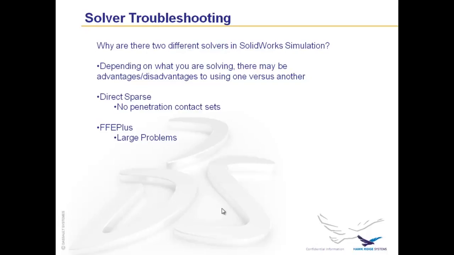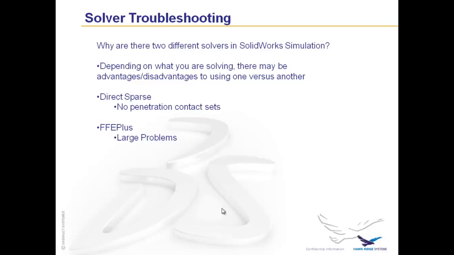The reason for that is the Direct Sparse solver is not as efficient with resources like memory as the FFE Plus solver. I've actually run a study that had something like 12 million degrees of freedom. With the FFE Plus solver, it used about 4 or 5 gigs of memory.